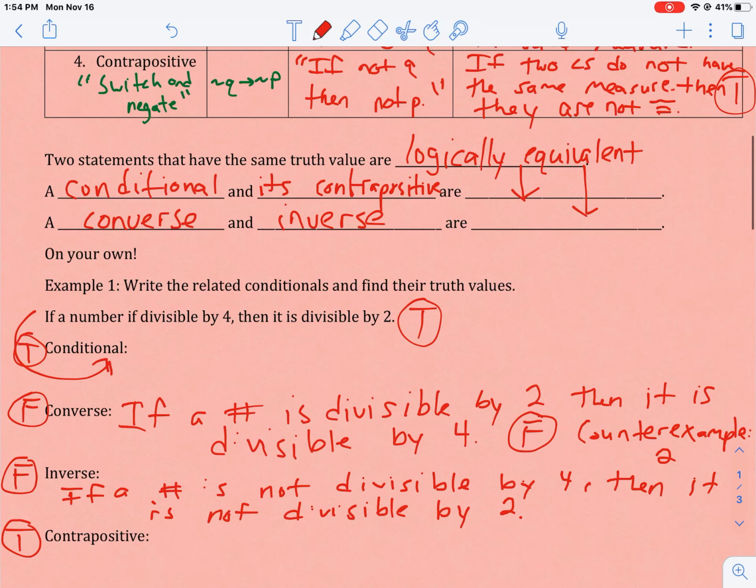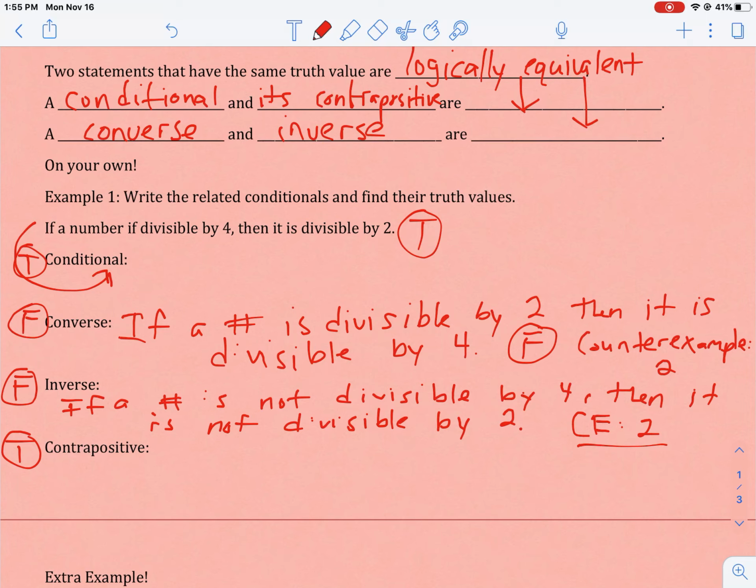Okay? So again, we know this is false since the converse was false. So a number is not divisible by 4, then it's not divisible by 2. Well, that's obviously not true. Counterexample again, 2, right? 2 is not divisible by 4, but it is divisible by 2.